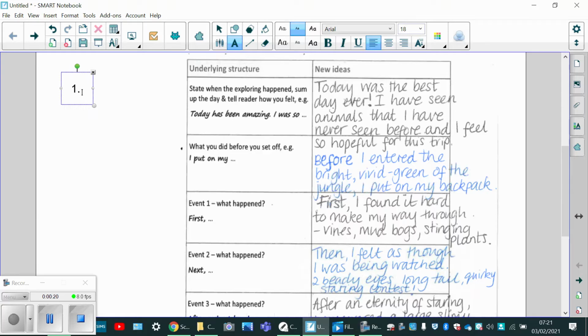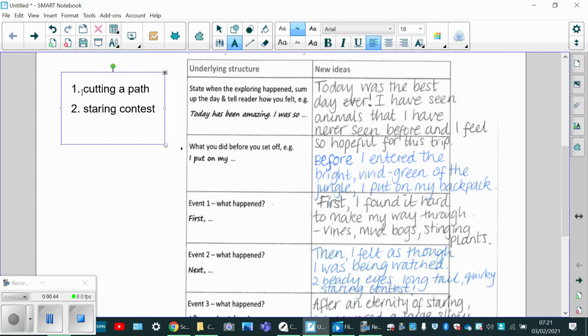So the things that I came up with for myself: one of the things I wanted to talk about was cutting a path through the jungle. The second event that I want to talk about is a staring contest that I have with an unknown animal, or a lemur as I find it out to be.